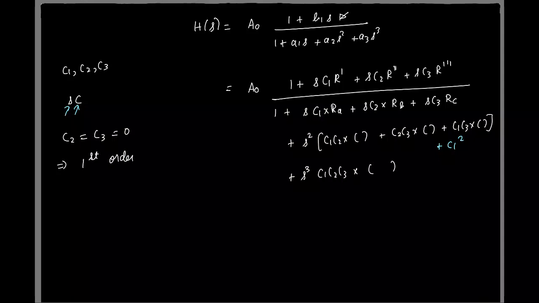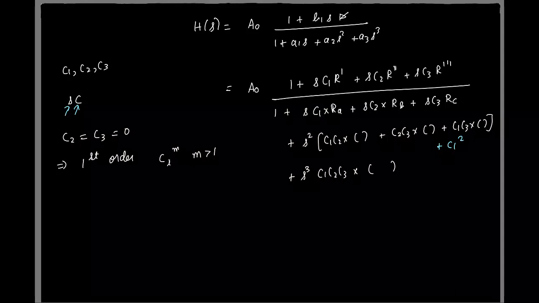But if this term were also present, when you put C2 and C3 to 0, these two terms go away, but you'll still have an s squared, C1 squared term. Which means you can't have a C1 squared term, or for that matter any capacitor taken to a higher power. So in transfer functions you can never have some Ci to the power m where m is greater than 1. If you have products, it will be a product with some other capacitor, but not the same capacitor.